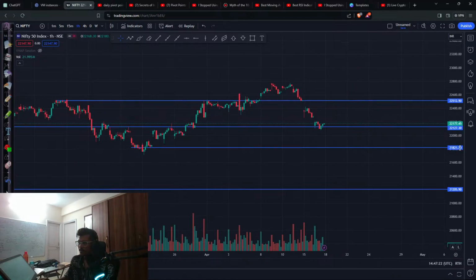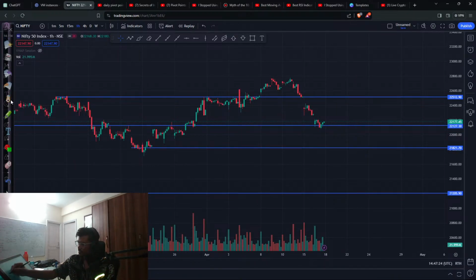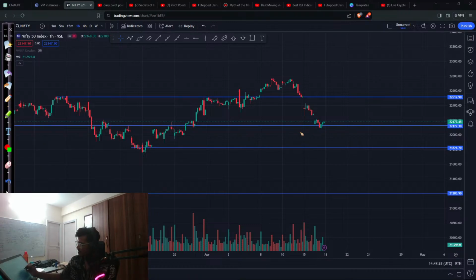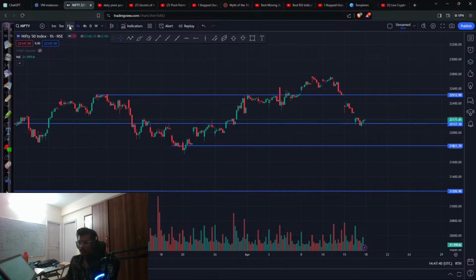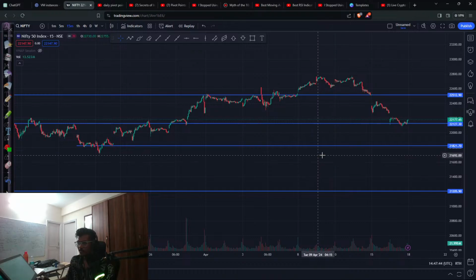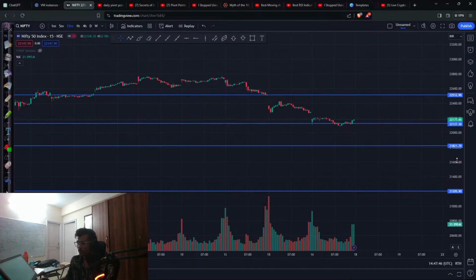Okay, so we are actually respecting this around here. Okay, so what's the next move going to be? In order to see that, we go to the lower time frame, and we see what is going on here.